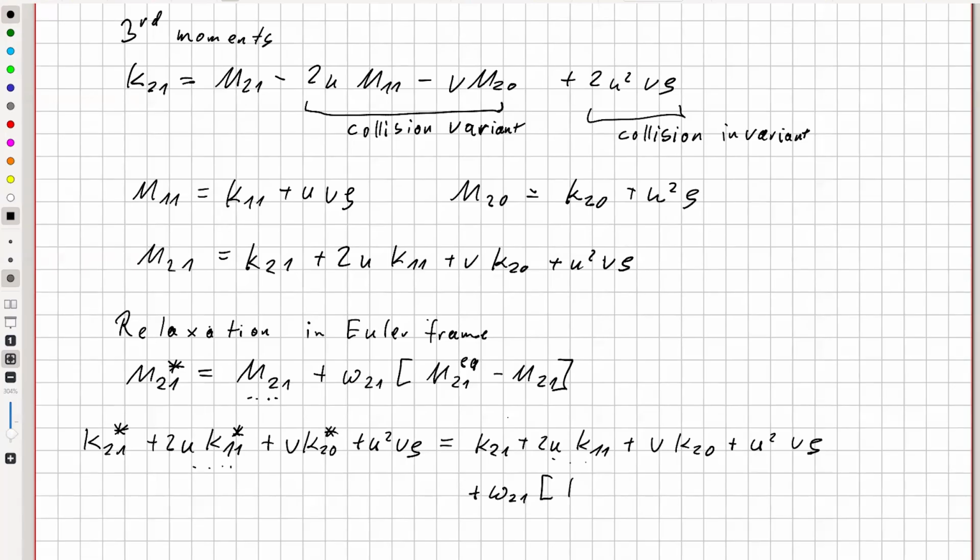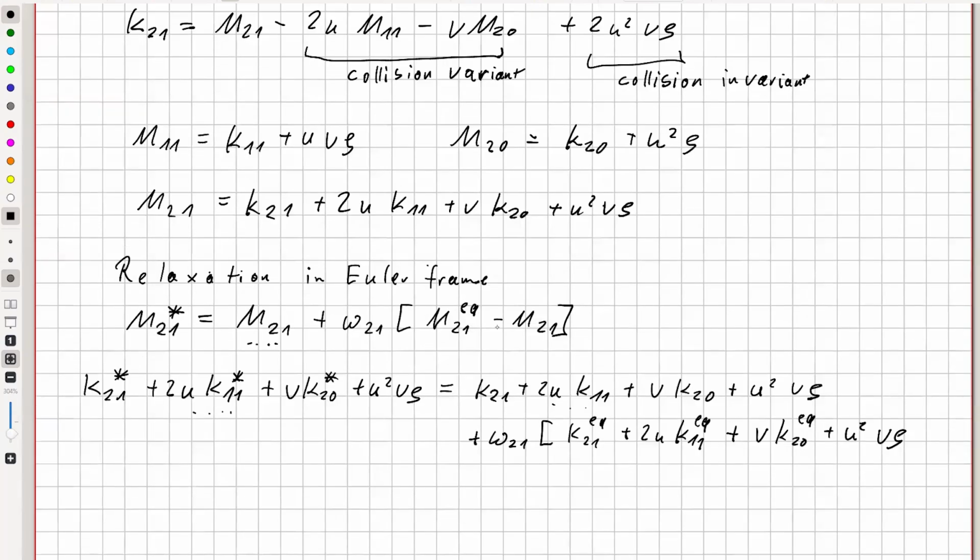So now what comes here? We get K12 equilibrium plus 2U K11 equilibrium plus V K20 equilibrium plus U square V rho, and then the pre-collision state again, K21 minus 2U K11 minus V K20 minus U square V rho.